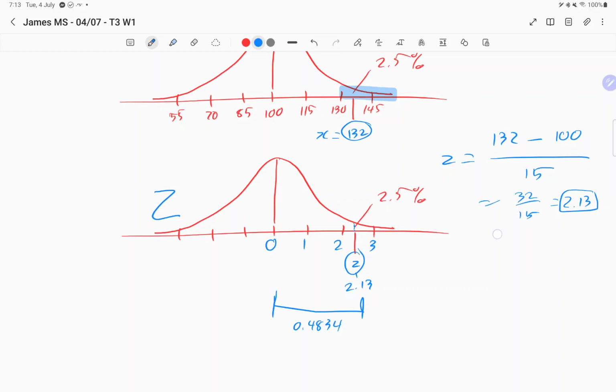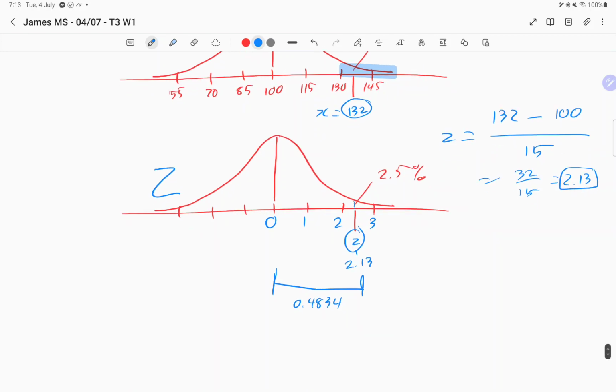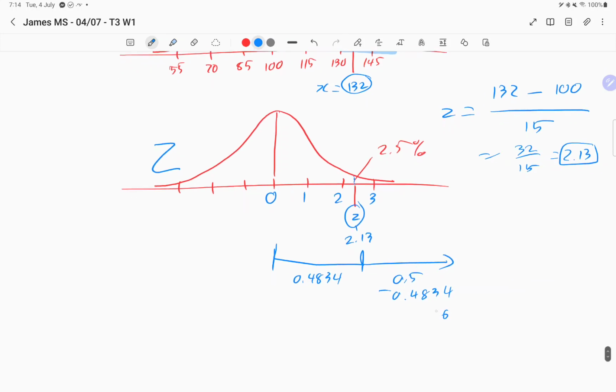So how many people have an IQ higher than you if your IQ is 132? Well, it would be this section here, which is 0.5 minus 0.4834. Reading from the left hand side again, that'll be 0.0166.